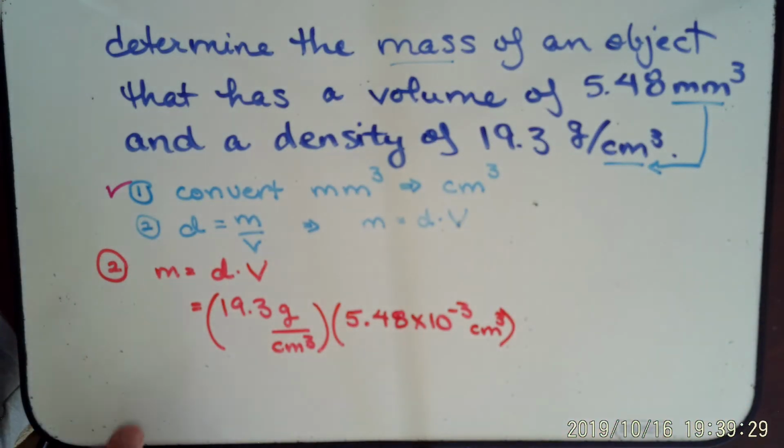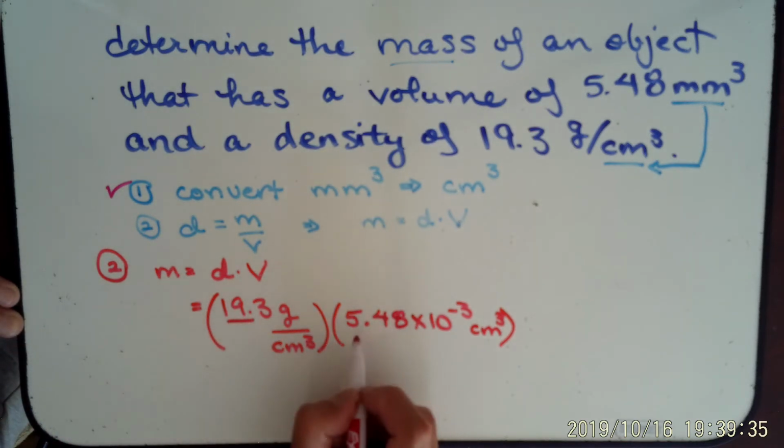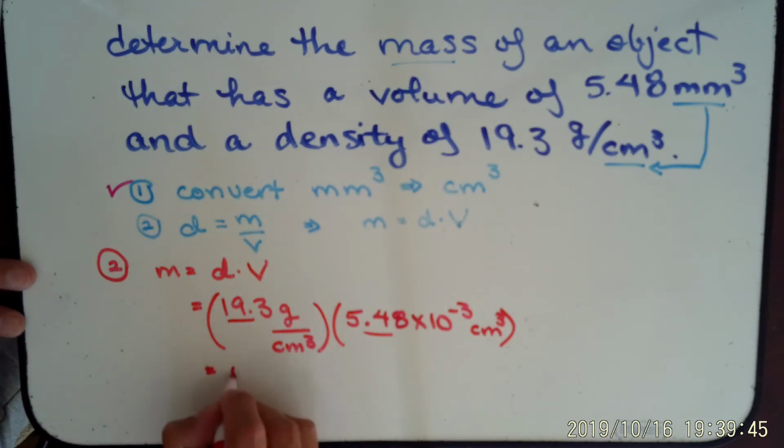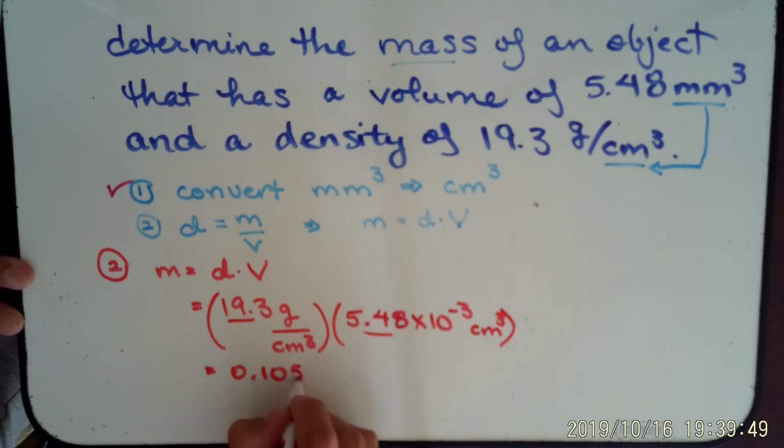Okay, and so now let's take a look at what our final answer is. This is in 3 significant figures, and this is in 3 significant figures. So our answer will be in 3 significant figures. We get something like 0.10576 grams.